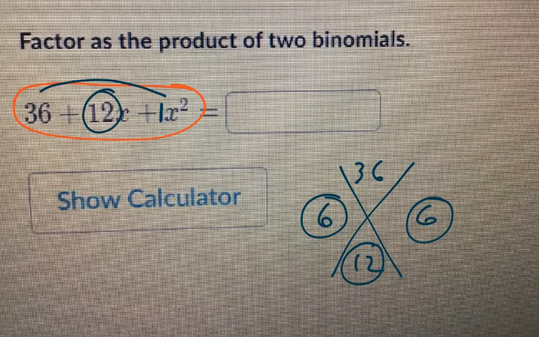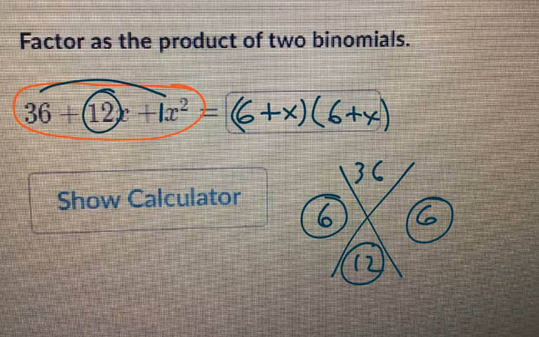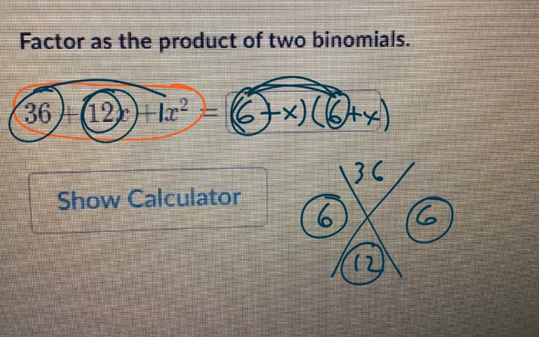So my answer is just going to be backwards. I'm going to do 6 plus x, 6 plus x again. See? The 6 times 6 is 36. The 6's still add together to give me 12. X times x is x squared. So that one is done.